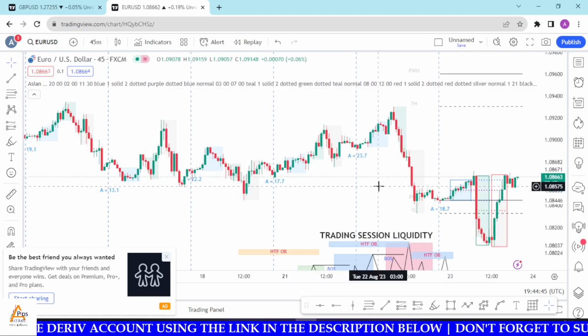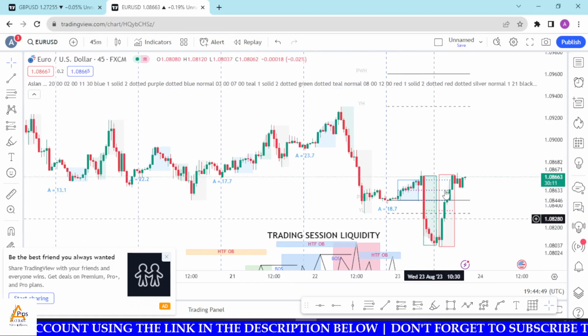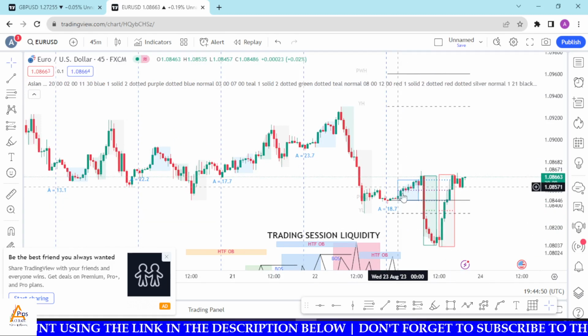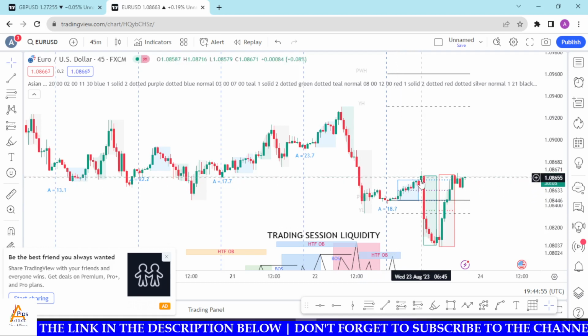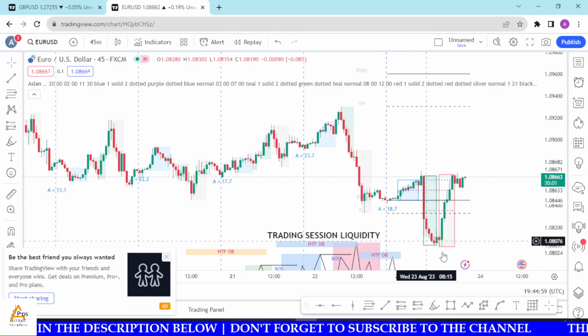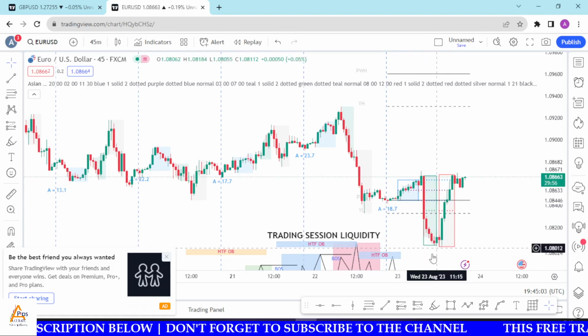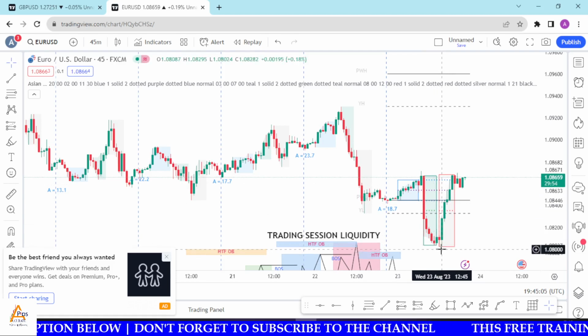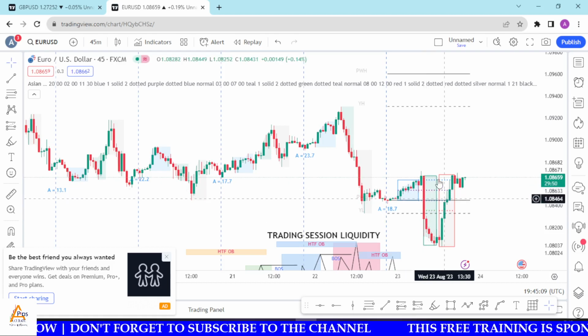The most active one, for instance, this is today's. As you can see, Asian was bullish, London was bearish, and over here New York bullish.